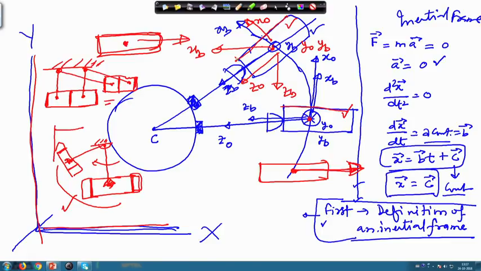So, we conclude this introductory chapter, which is related to the representation of orientation of the satellite in the orbit. In the next lecture, we will learn how to represent the orientation of the satellite in the orbit.